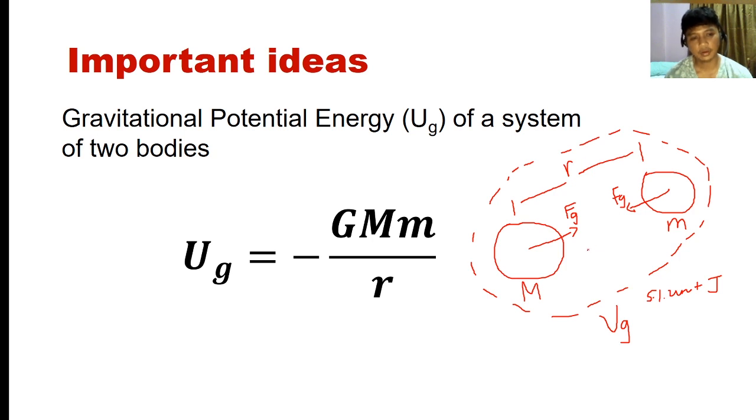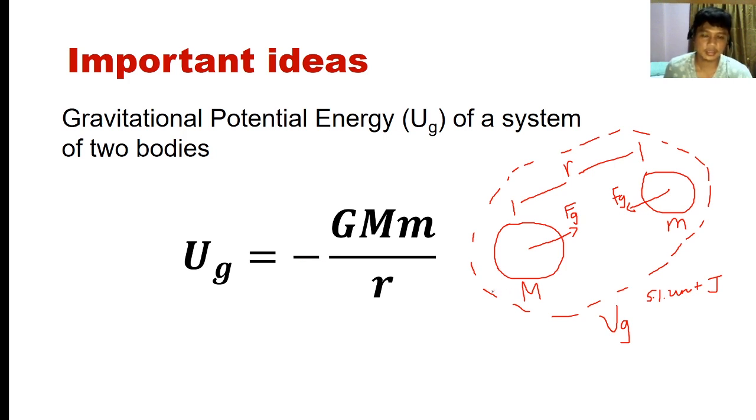And what else do we know about this? We know that this property is inversely proportional to the center to center distance between them. We know that it is directly proportional to both masses. And we also know that it is negative, and it is always negative.